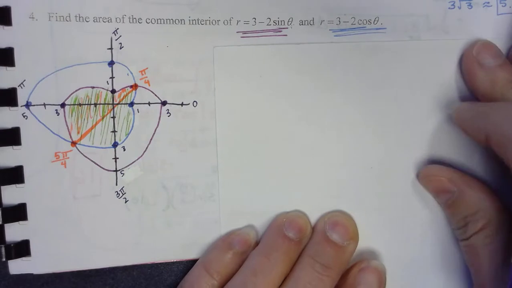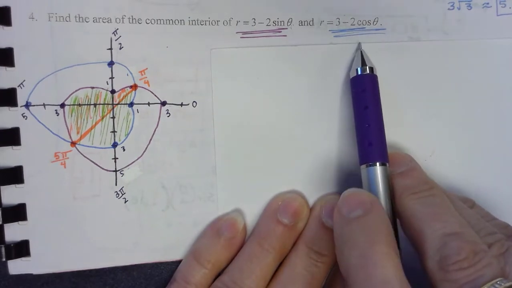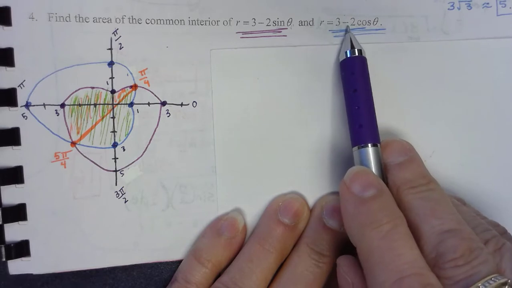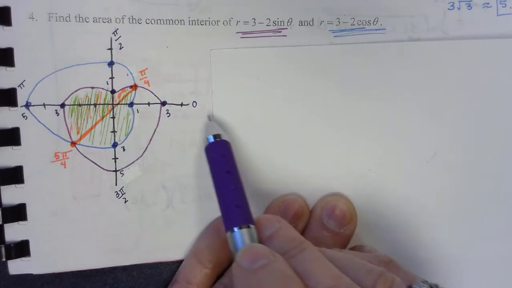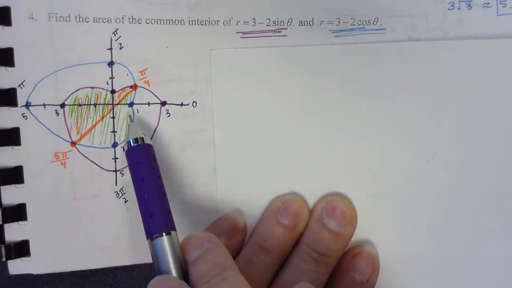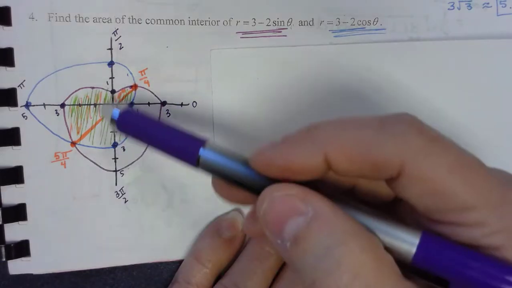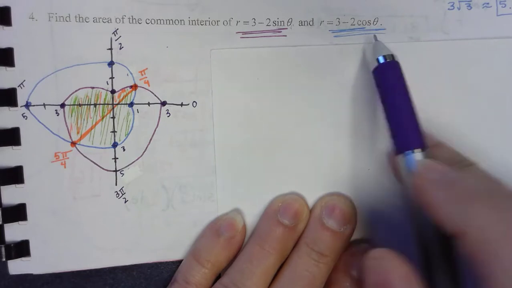Now let's do the same for this. At 0, cosine of 0 is 1. So 3 minus 2 on the radial arm of 0, I'm at 1. And I know this is going to reflect across the horizontal axis here.